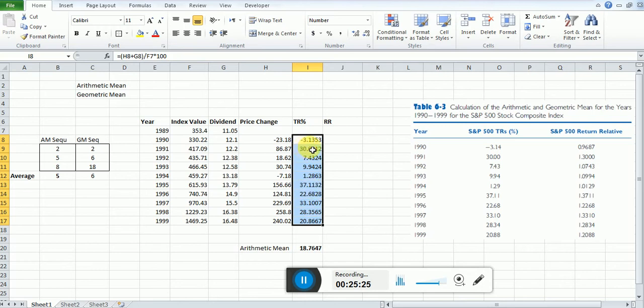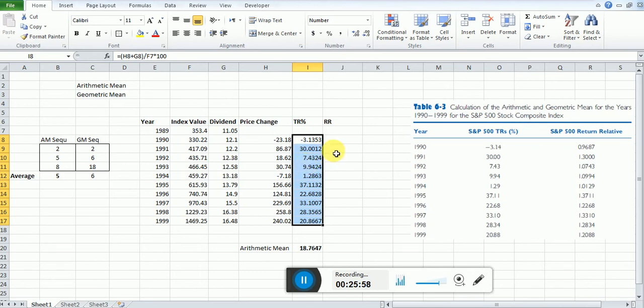Okay, so for example, this is the price change and this is the dividend. The total return we have is 3.1358, right? Then this return increased by how much in the next year? If you remember, we computed the cumulative wealth index in the last video.